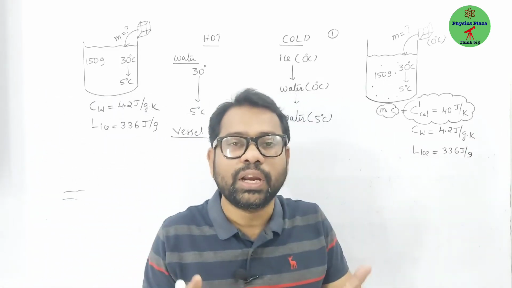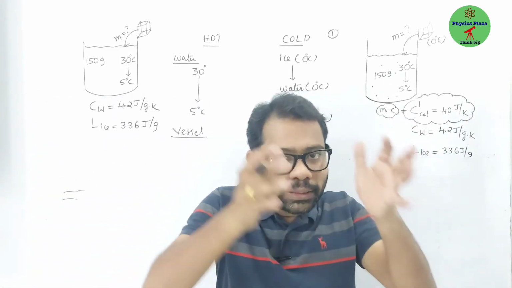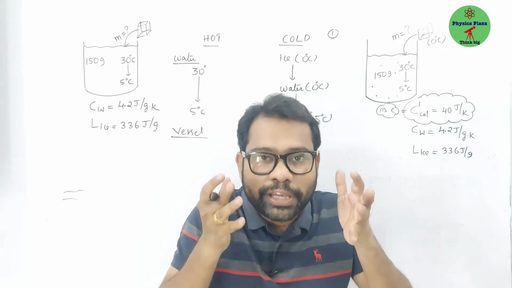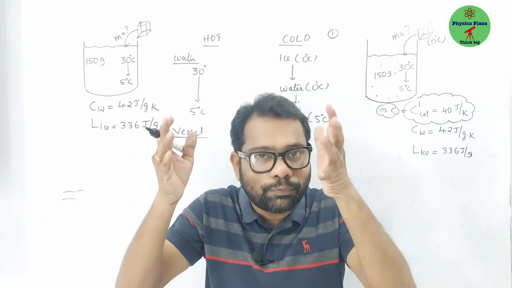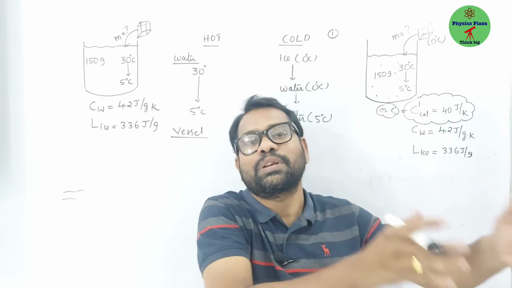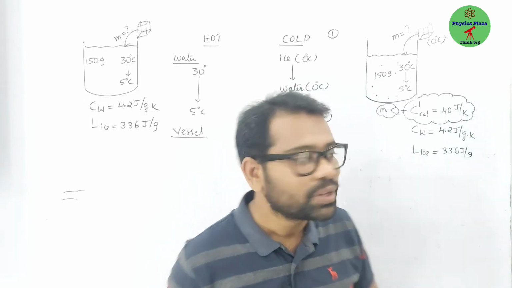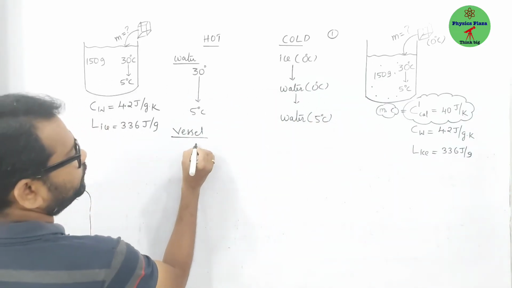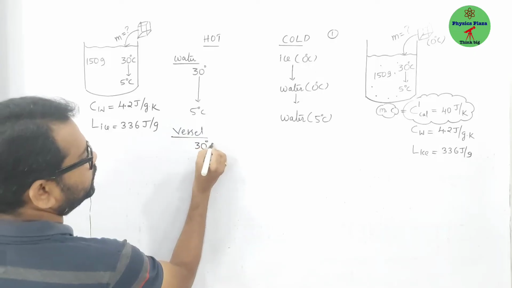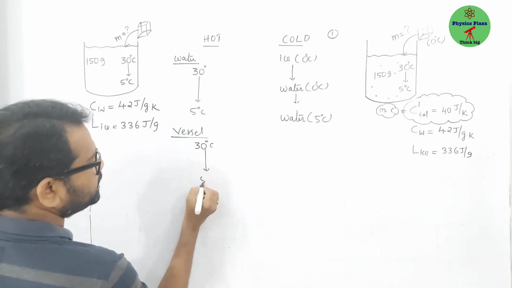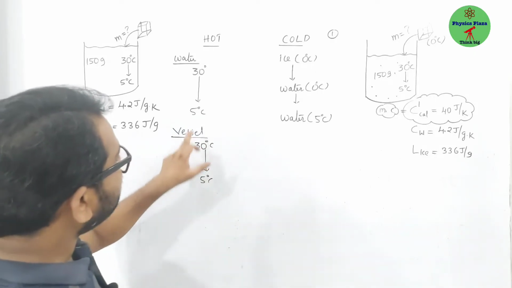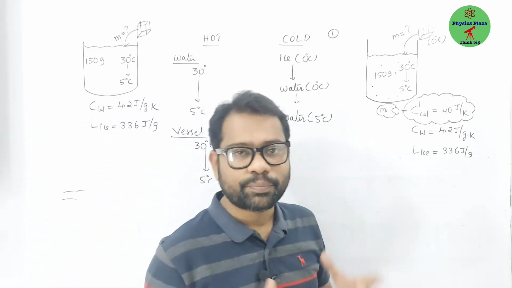It is not given, children. As the water is taken in the vessel, we expect that the water and the vessel are at the same temperature, both in equilibrium. So yes, the vessel also is initially 30 degrees Celsius only. It has to be taken to 5 degrees Celsius, means on the whole, the final temperature should be 5 degrees Celsius.